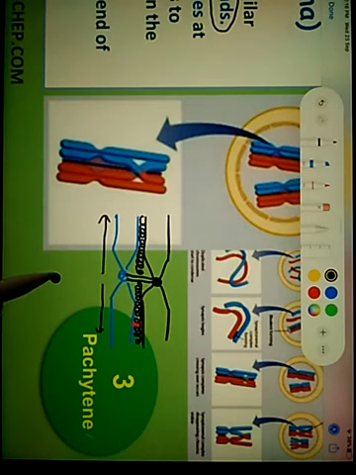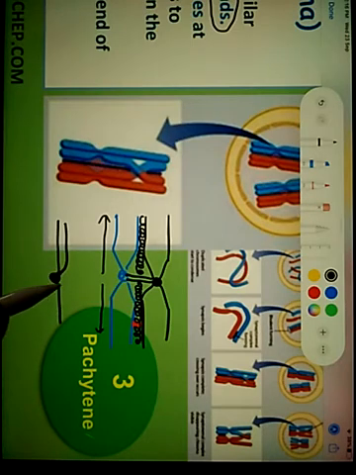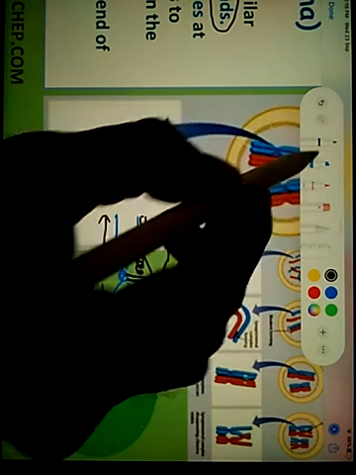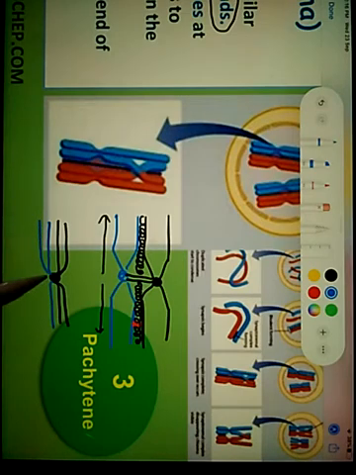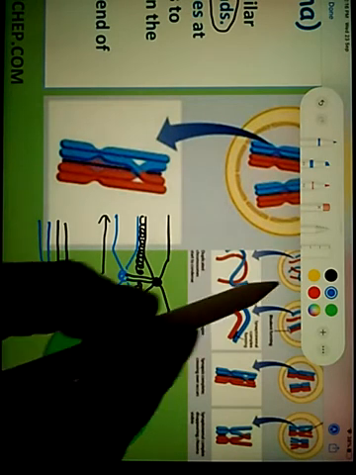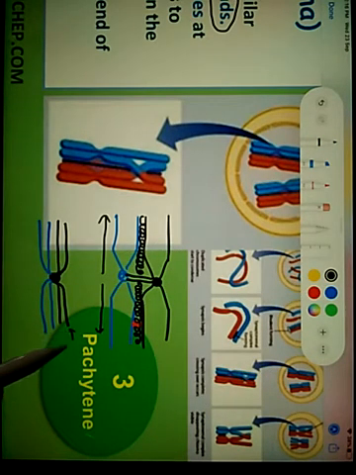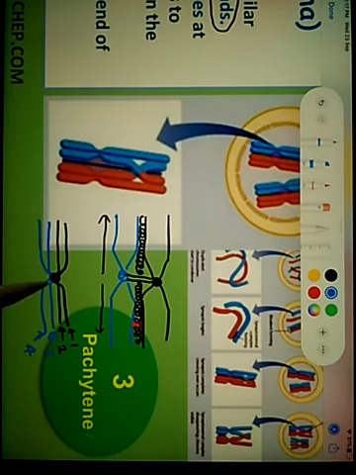So actually from the center, 1, 2 and 3, 4. This is chromatid number 1, this is chromatid number 2, this is chromatid number 3, and this is chromatid number 4.